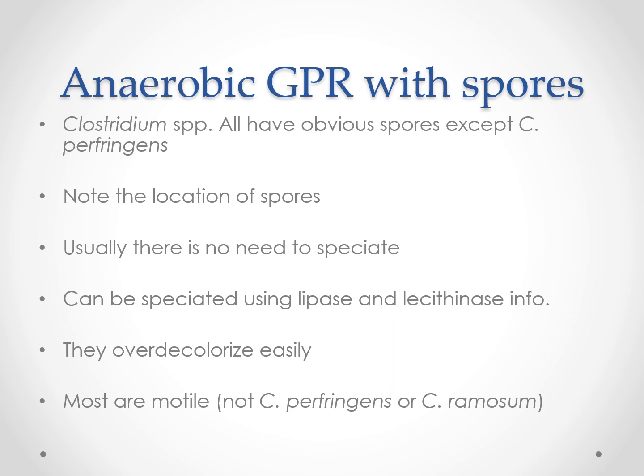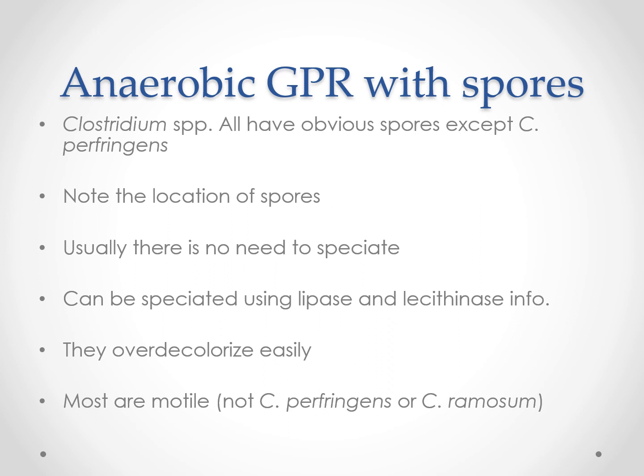Are they terminal spores, like in the case of Clostridium tetani, or are they subterminal spores? Usually the subterminal spore in the middle of the cell body is a little bit less obvious and sometimes less bulbous. Usually there's no need to speciate Clostridiums. However, in sterile body fluids we would. It can be speciated though using lipase and lecithinase information.